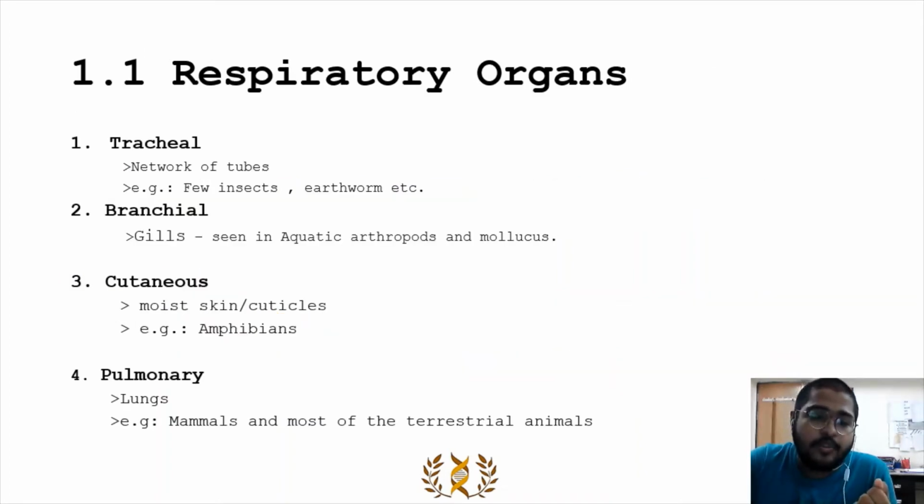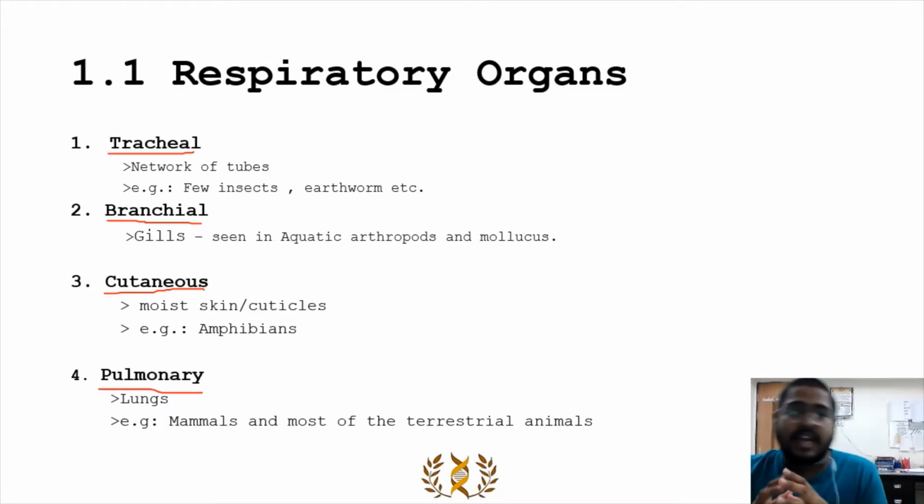All right, now since we are cleared with it, let's get into the topic. The first topic, respiratory organs. There are 4 different types of respiratory organs observed in various animals, though plants also have respiratory organs, with a very different system compared to animals. Animals have 4 different types.